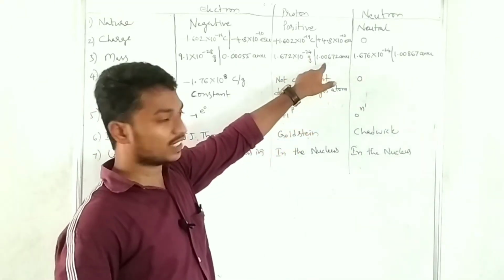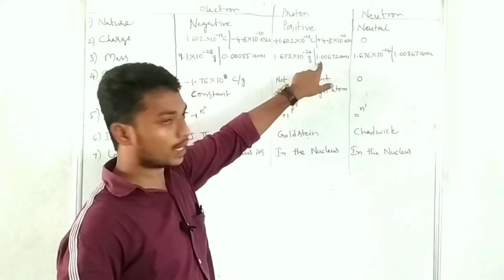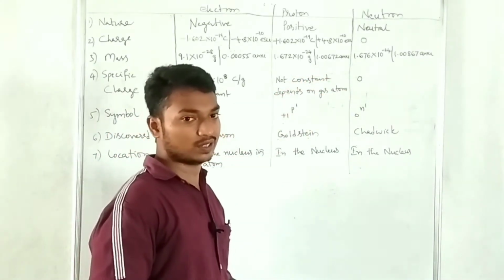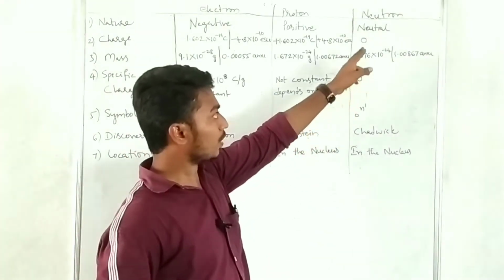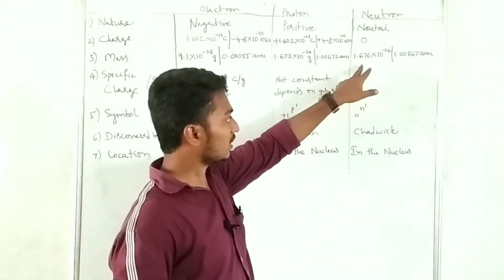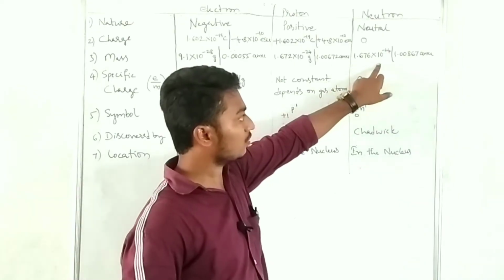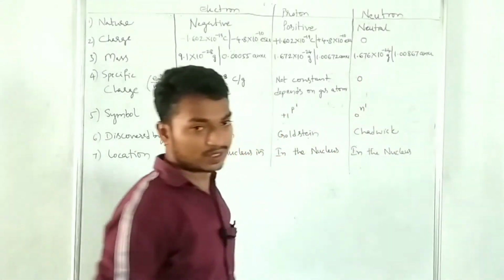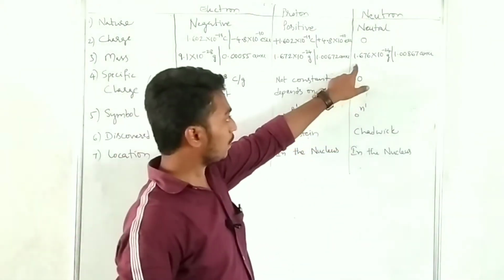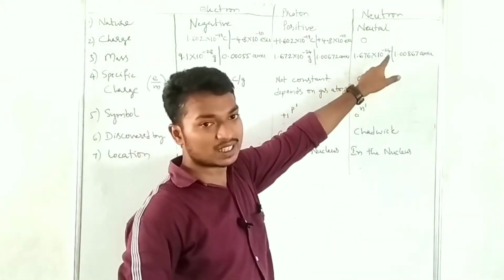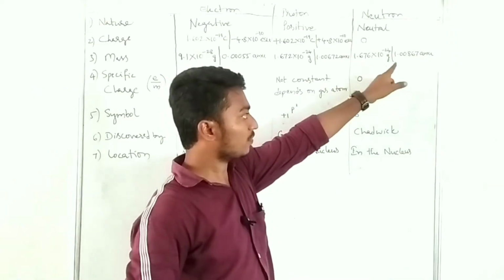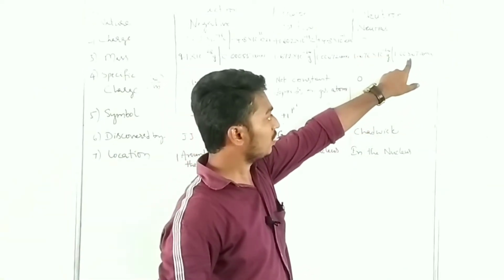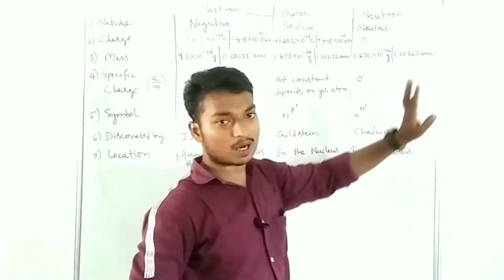In atomic mass units, the proton is 1.00672 atomic mass units. And the mass of a neutron is 1.676 into 10 to the power minus 24 grams, or in kilograms, 1.676 into 10 to the power minus 27 kilograms. In atomic mass units, that is 1.00867 atomic mass units.